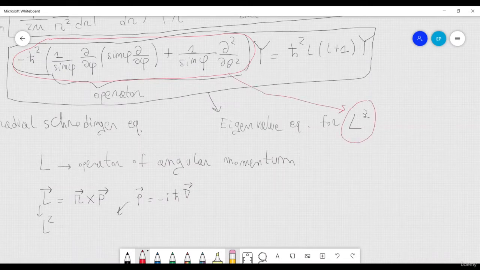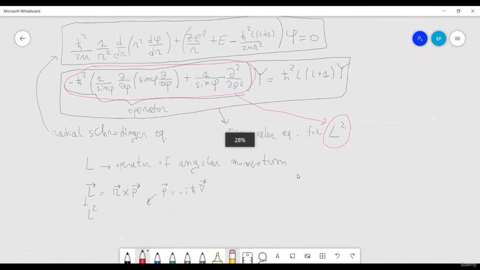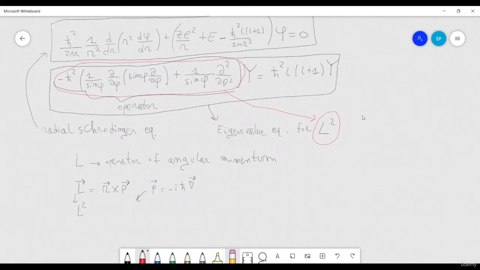It is exactly the square of the angular momentum, and that is important. It is very important to realize, which means that this quantity here on the right is the eigenvalue of the angular momentum squared.